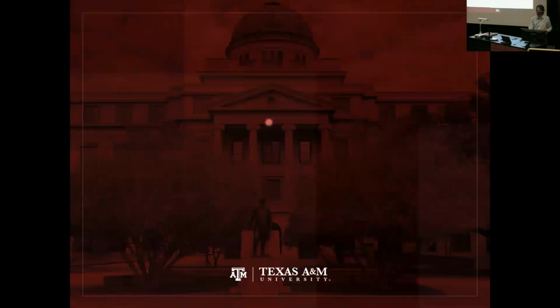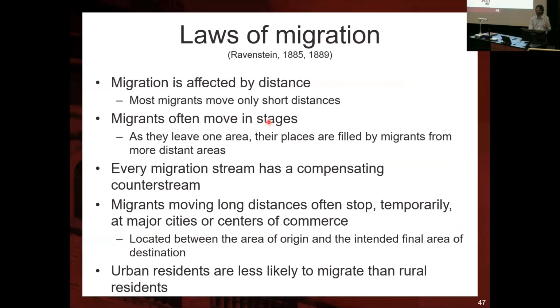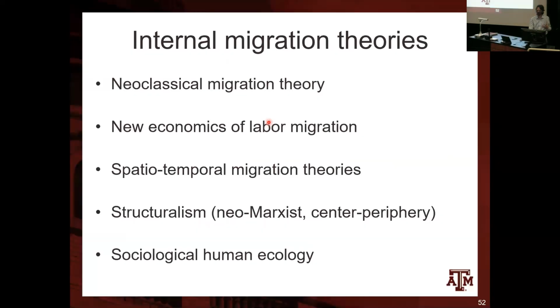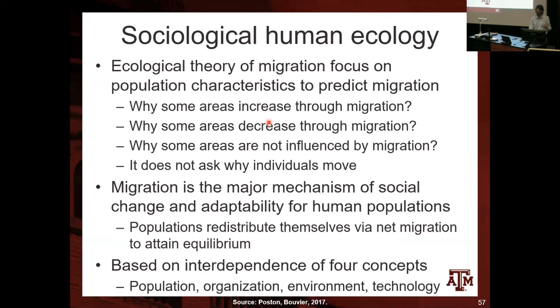The same framework can be applied to migration. So the ecological theory applied to migration focuses on population characteristics to predict migration. It's not about individual decisions.